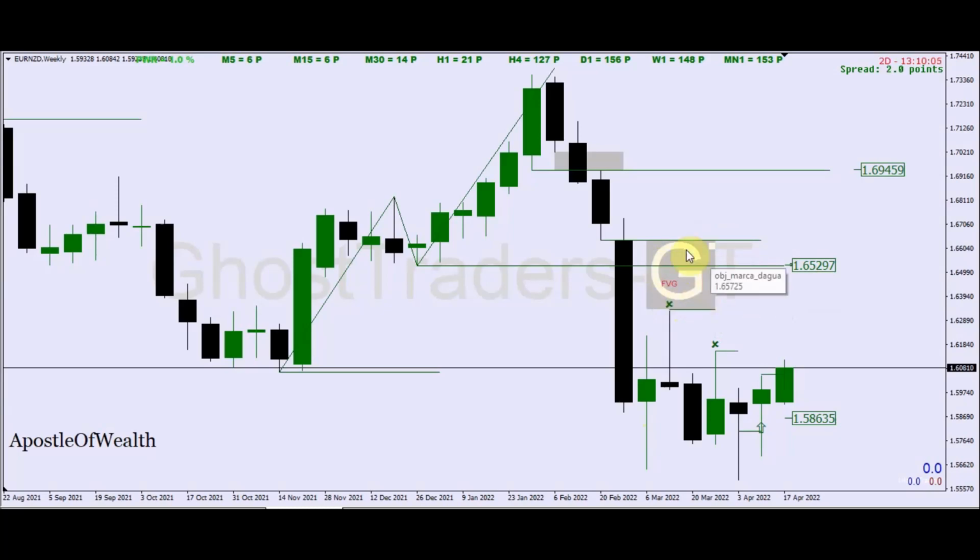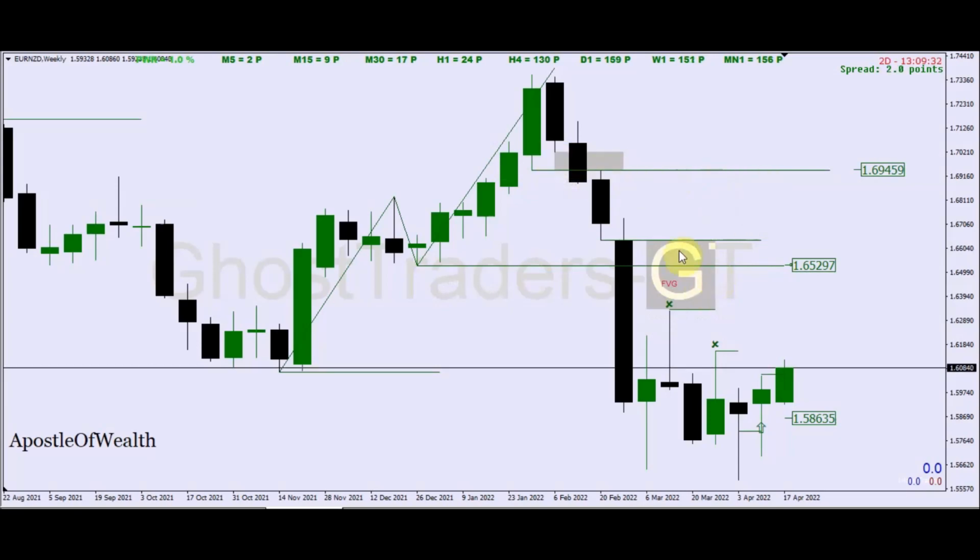Whenever price gives us sell profiles, we're going to sell short, but you need to keep in mind that price might close this fair value gap, all of it, or 50% of it, or sometimes it might even get to this level of a breaker here, or sometimes it might not even get to this level of your breaker. So that is why when price gets to this level, go to a smaller time frame, start looking for sell profiles. If you look at this level here, we also have an order block at this level here with the fair value gap here.